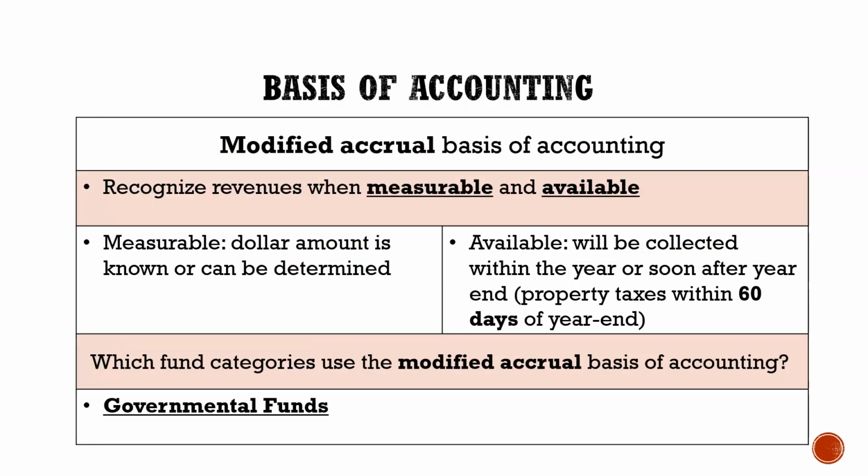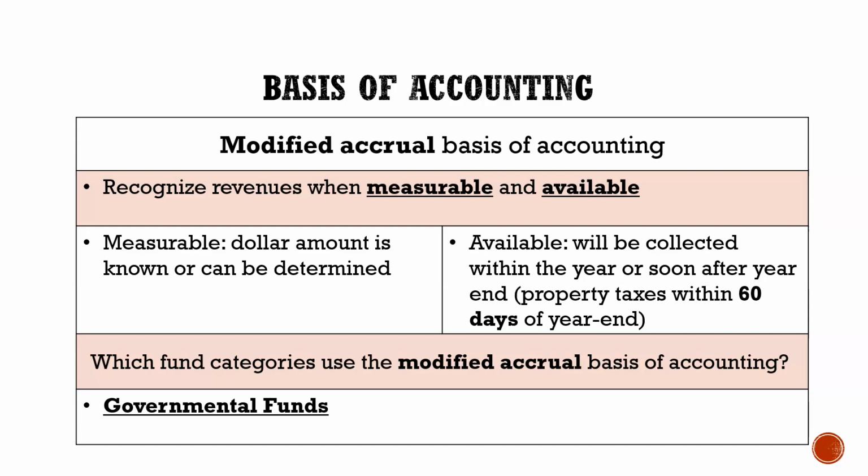So what we're really going to be talking about in chapters 4 and 5 is this modified accrual basis of accounting. If you recall, the reason we use this basis of accounting is because in government we typically don't have an exchange transaction, right? In instances where we do have an exchange transaction, typically that's going to go under the enterprise or one of those proprietary funds, so in that case, we are using accrual.